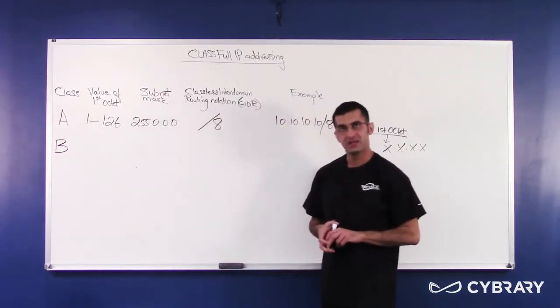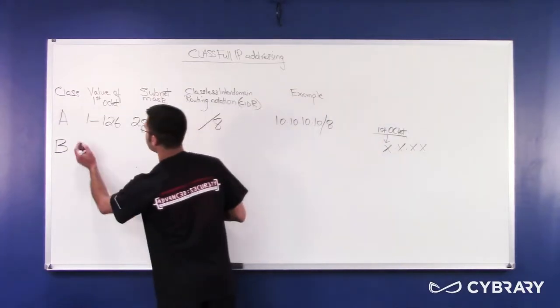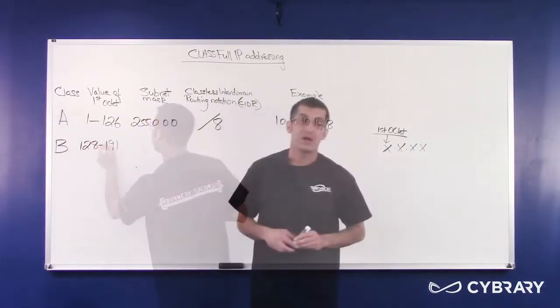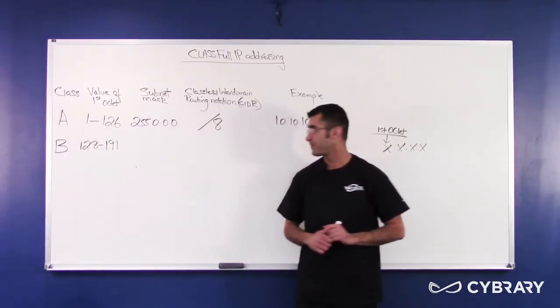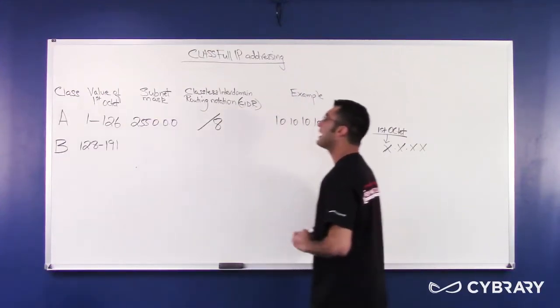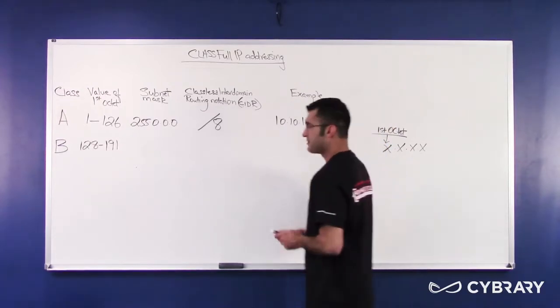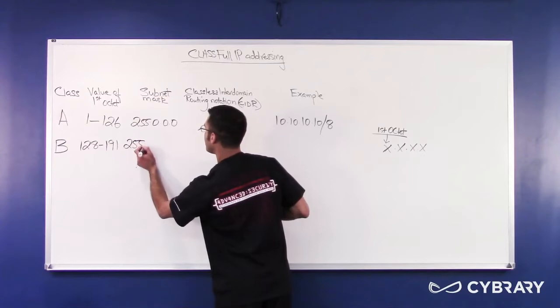The next class we have is class B. For class B, the value of the first octet must be a number between 128 and 191. I haven't forgotten the number 127. I'll get to it in a minute. So for class B, the value of the first octet has to be a number between 128 and 191. The subnet mask is 255.255.0.0.